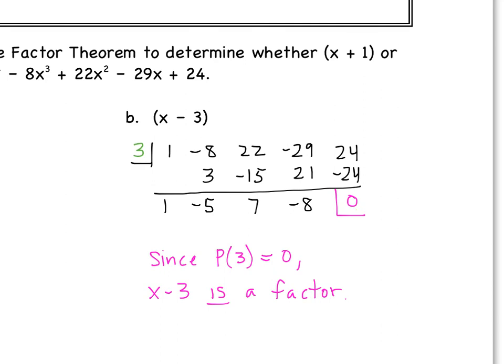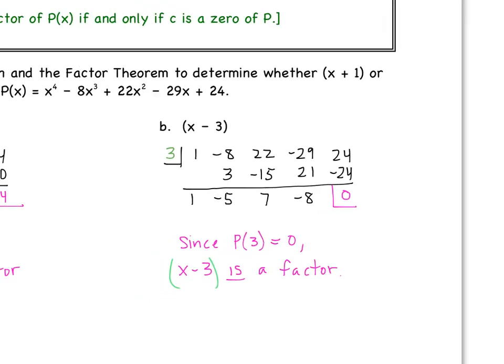So my conclusion is, since p of 3 equals 0, that means the binomial x minus 3 is in fact a factor. Hopefully you got that and you can see the difference. It's all about the remainder, okay?